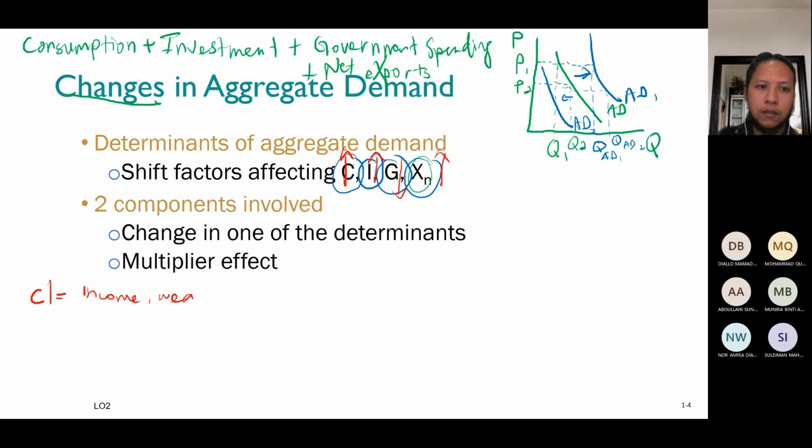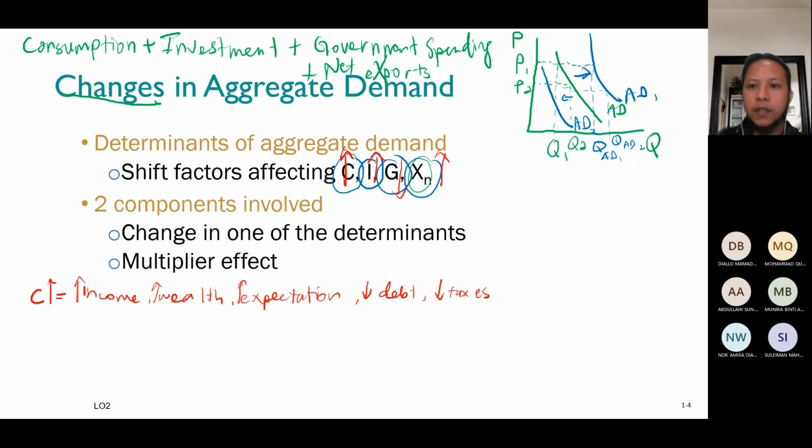So let's say consumption increases because of an increase in wealth, an increase in expectation, an increase in income, a decrease in debt, and a decrease in taxes. So this will increase consumption behavior.